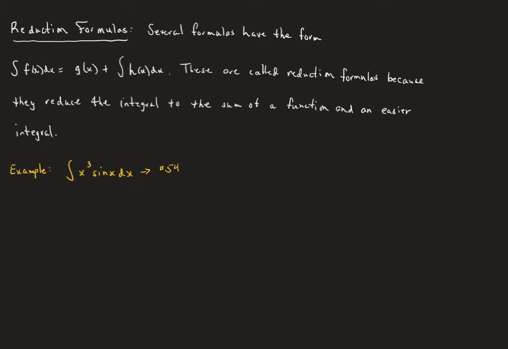And 54 says the integral of u to the n sine of u du will be equal to negative u to the n cosine of u plus n times the integral of u to the n minus 1 cosine of u du.